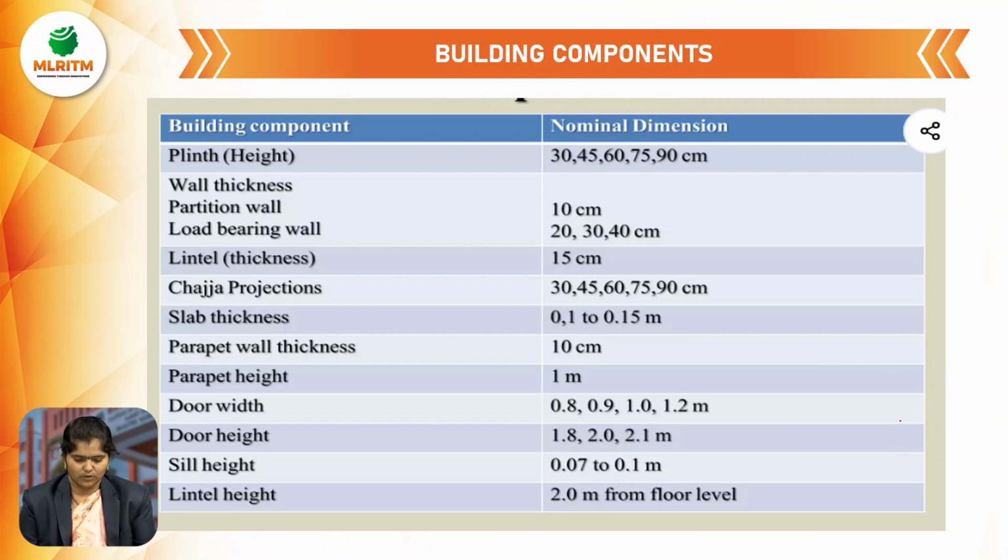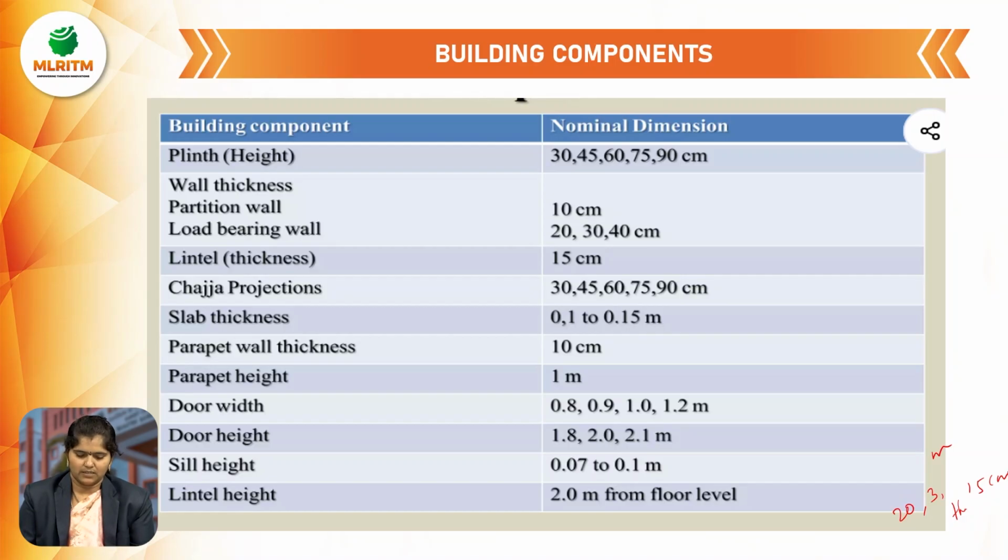Wall thickness, for load bearing walls, is 10 centimeters, 20, 30, 40 centimeters. Lintel thickness is 15 centimeters and sajja portions are 30, 45. It depends upon the structure type.